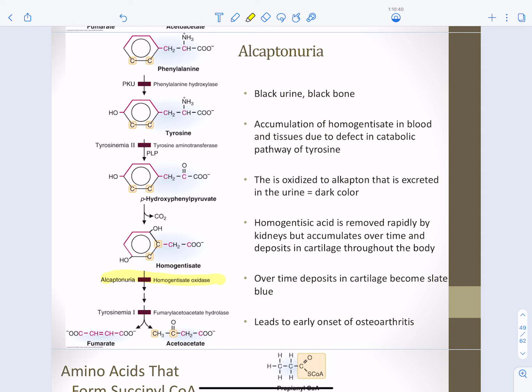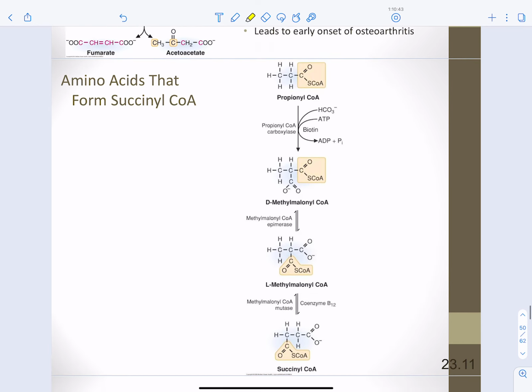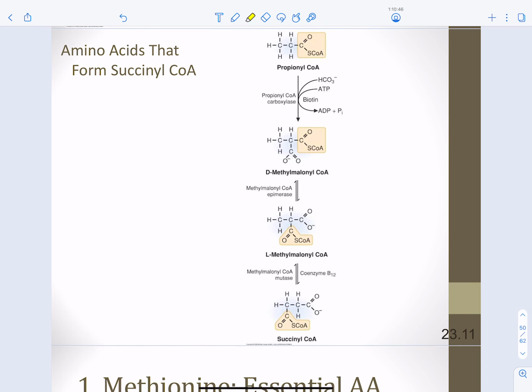Okay, so now we're going to talk about our amino acids that form succinyl-CoA. Basically we have our essential amino acids: methionine, valine, isoleucine, and threonine.